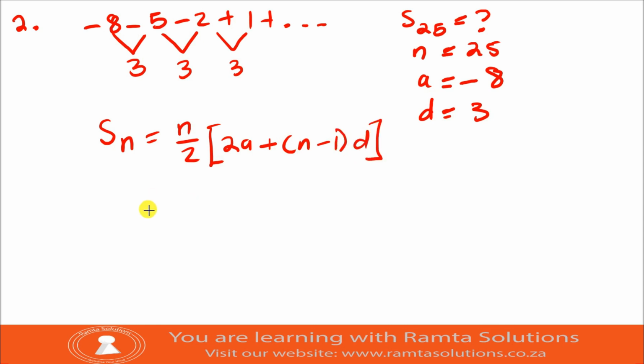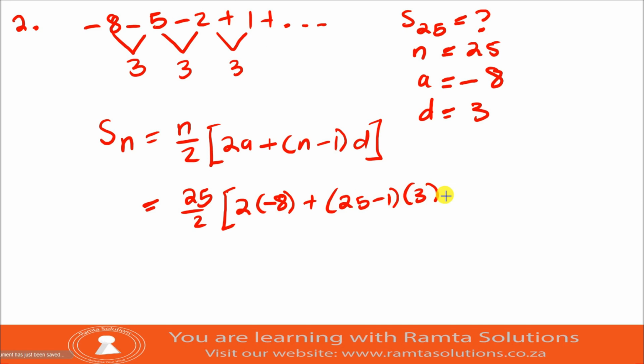We said the number of terms is 25, so 25 over 2, and then 2 into minus 8 plus 25 minus 1 times 3. Let's look at it.